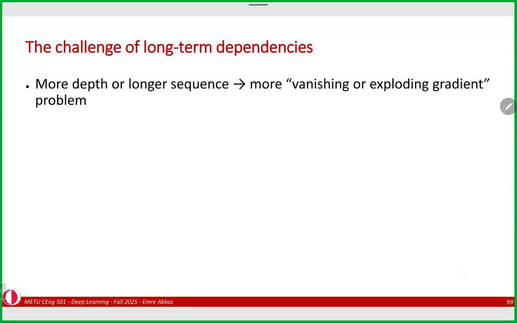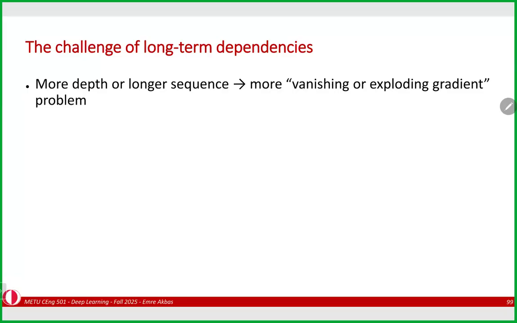Now let's talk about the long-term dependencies challenge, which is a very central and fundamental question which RNNs try to solve. And to solve this problem, LSTM, long short-term memory networks, were proposed. LSTM is a type of RNN, the most famous type of RNN. But there are other RNN variants too.